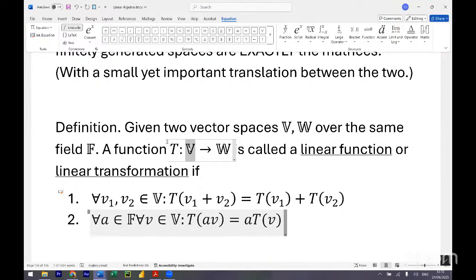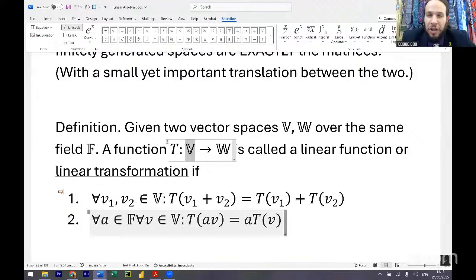But that's the exception. Usually it's a high dimension, and we cannot imagine the graph. That's the problem with linear functions. The way we imagine them is as matrices. That's the only way.